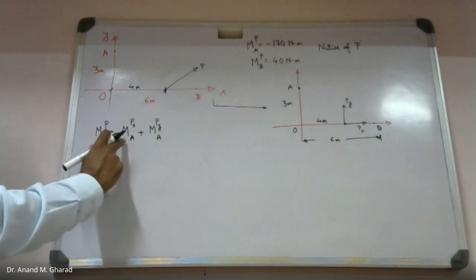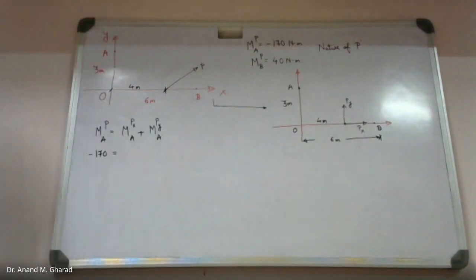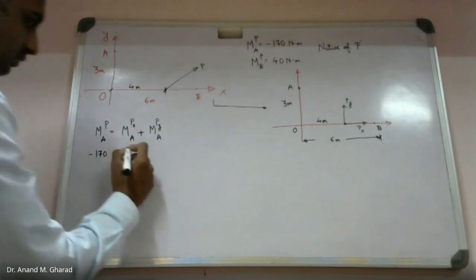If you take moment about point A due to Px, what should be the value? Px into perpendicular distance. That will be 3 meter, isn't it? And in which direction will Px rotate about point A, anti-clockwise or counterclockwise?